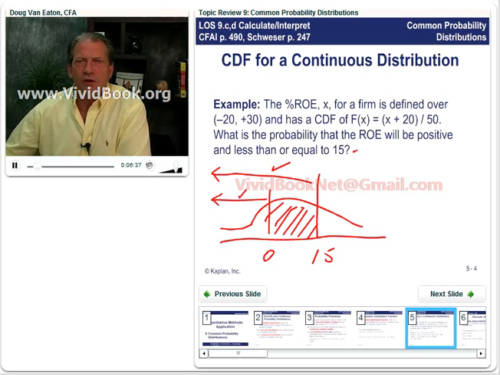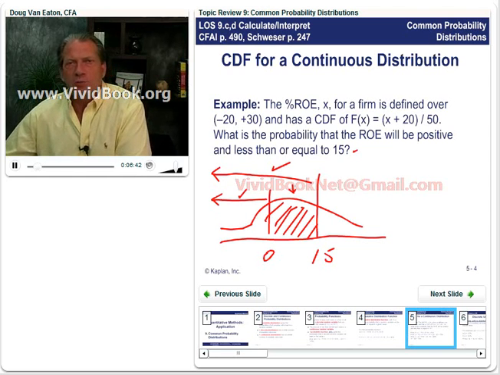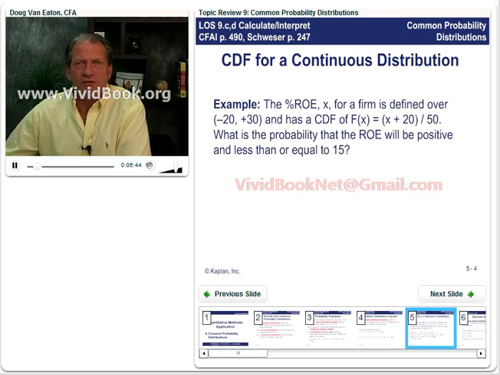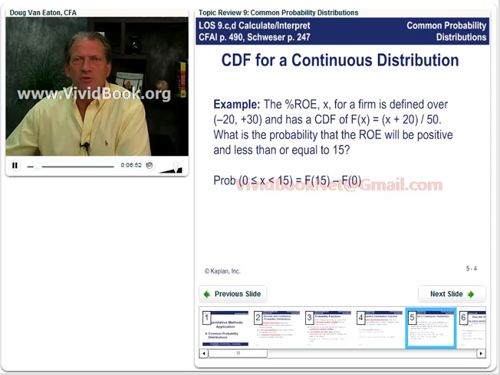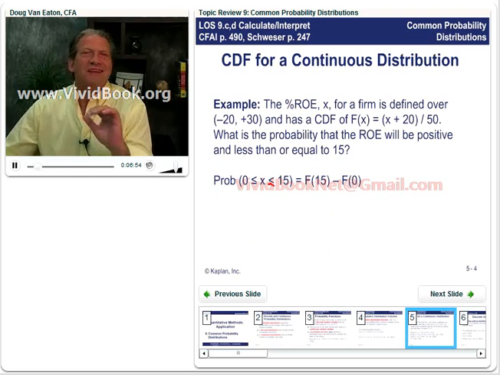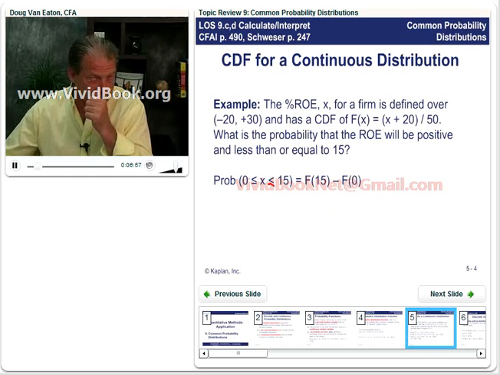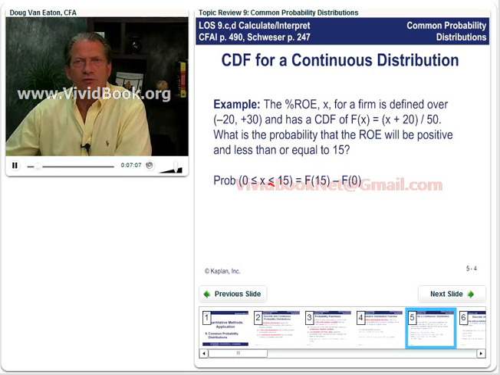Let me clear this off and show you what we do with the numbers and the function that we've got here. We want the probability that 0 is less than or equal to X is less than 15. We didn't put less than or equal to here. We could have, but remember, with a continuous distribution, the probability of any single number is 0. So the less than or equal to becomes less important than it was for our discrete distribution example. So we want F of 15, the cumulative distribution function for 15, minus the cumulative distribution function for 0.